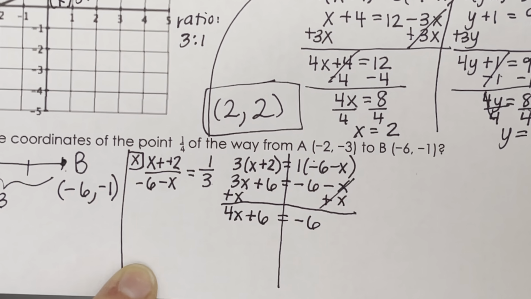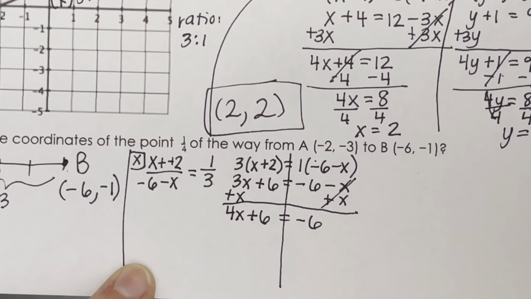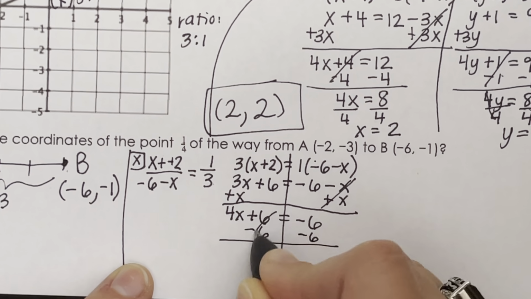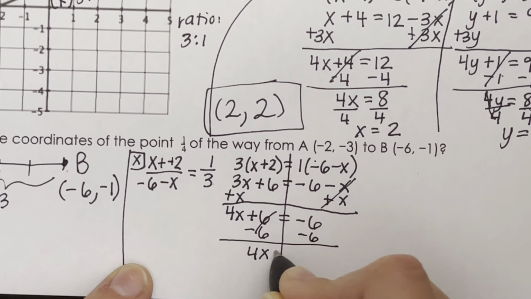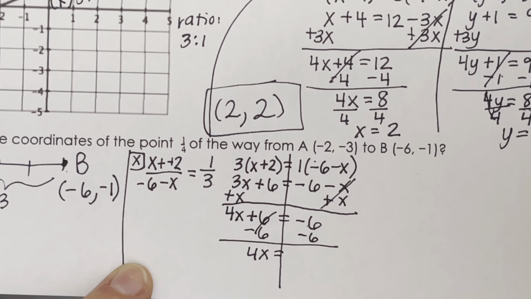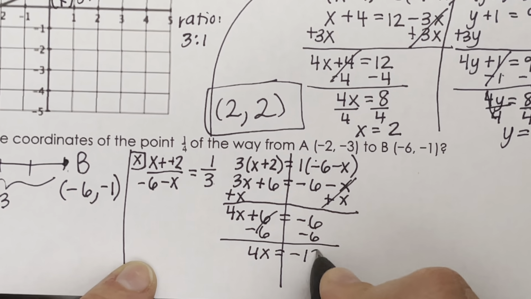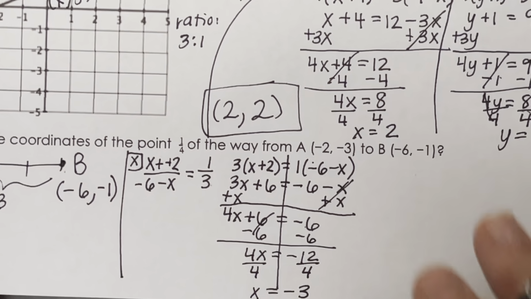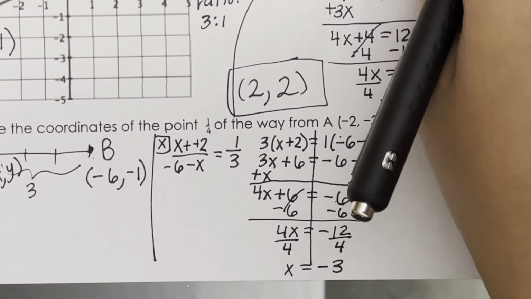My next step is get all the constants to the other side, so I'm going to bring them to the right. Subtract 6 from both sides. I get 4x equals, so -6 minus 6 gives me -12. And then divide both sides by 4. You get x equals -3. So there's my x value.